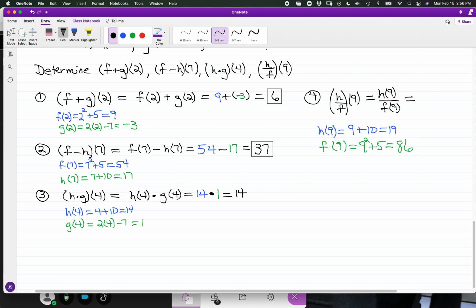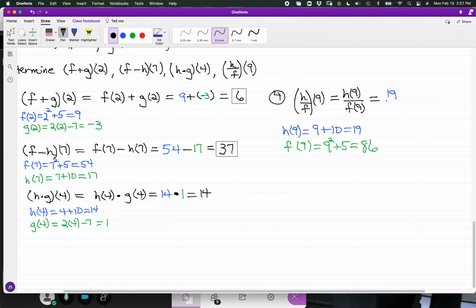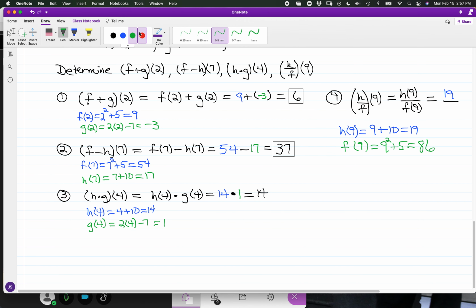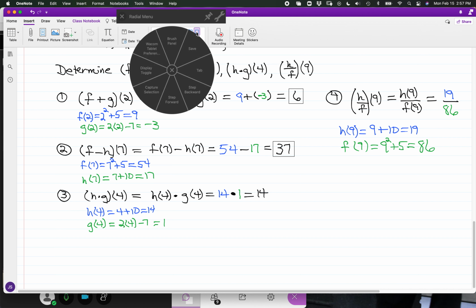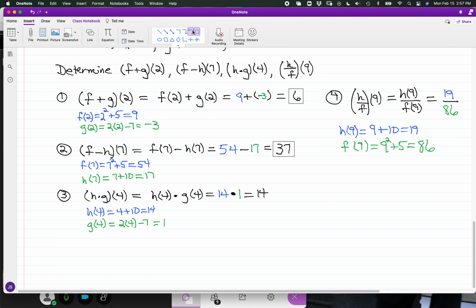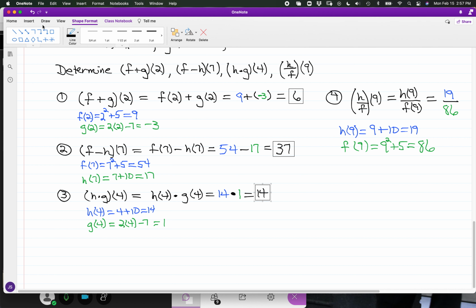And so for this output, h of 9 we have at 19, f of 9 we have at 86. So you have 19 over 86. And those will be your outcomes.